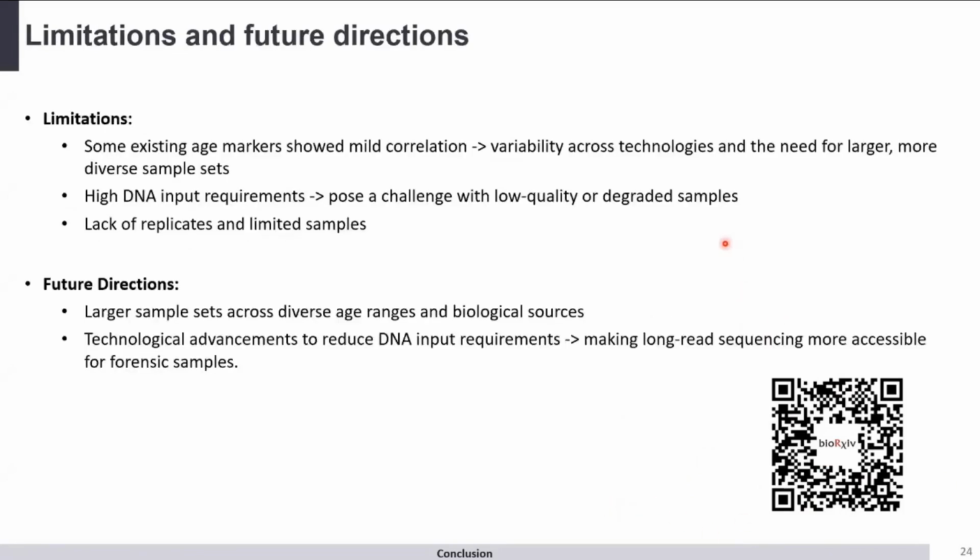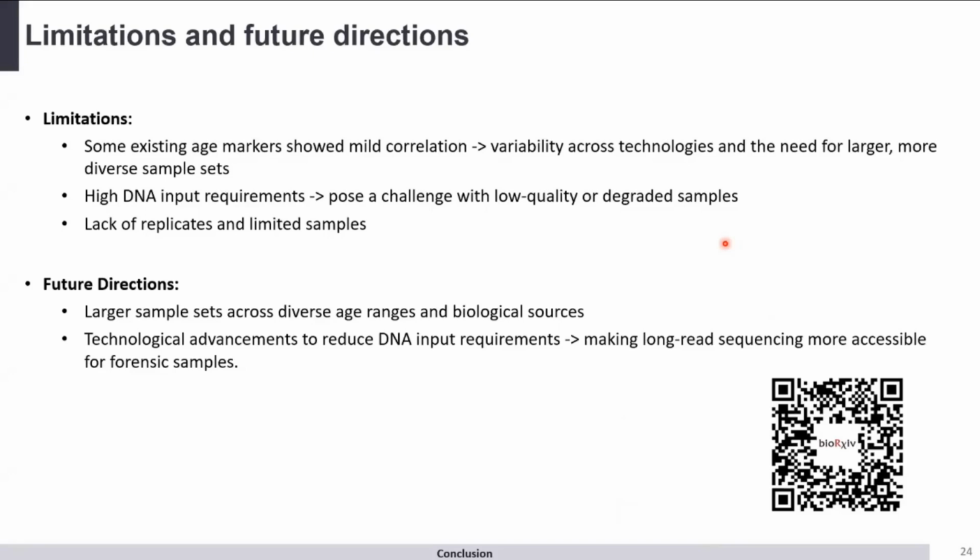Nevertheless, there are some limitations to our study that merit attention and open avenues for further research and improvement. Firstly, our exploration into age markers revealed a mixed bag of results. Some markers demonstrated only a mild correlation with age, underscoring the variability across technologies and the need for more extensive and diverse sample sets.